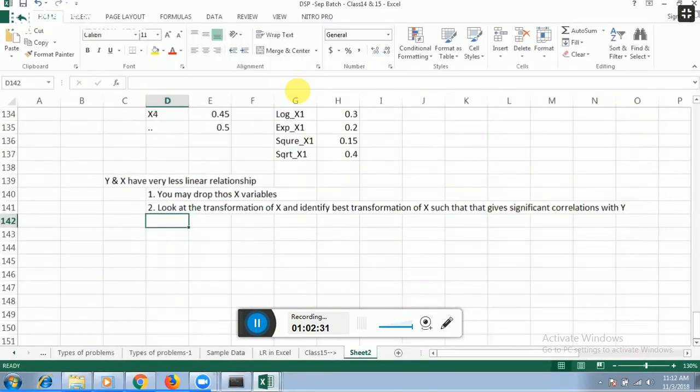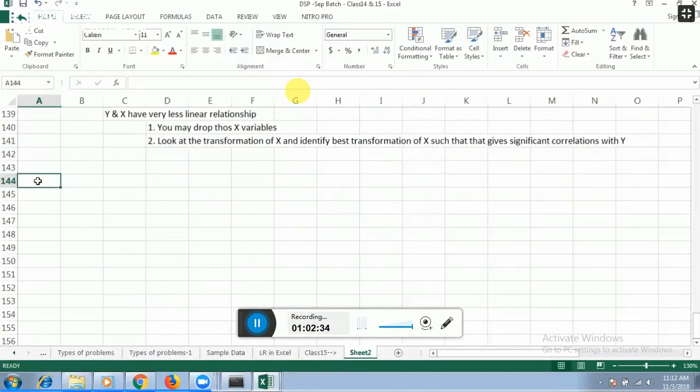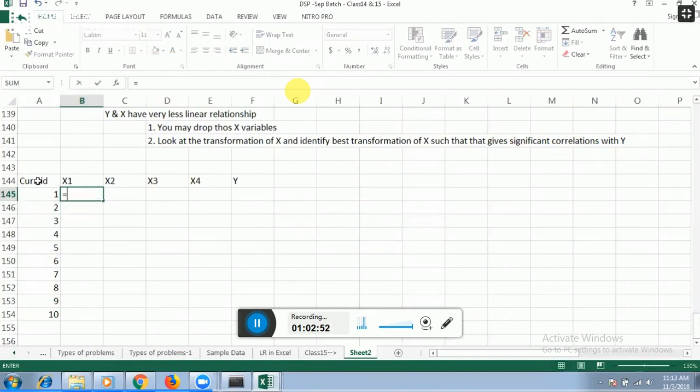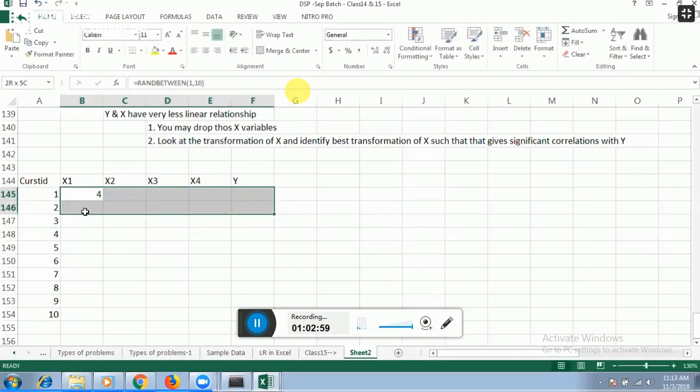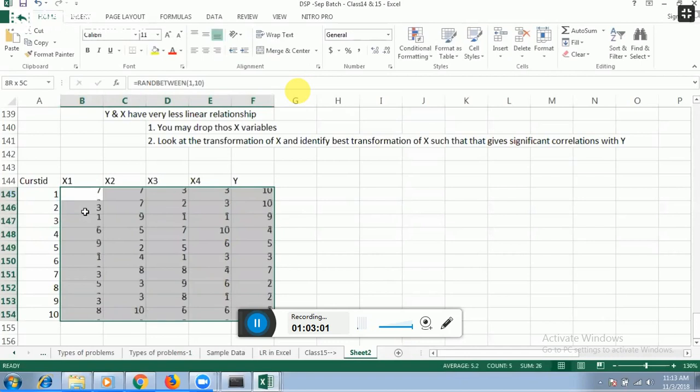Suppose you have customer data, for example, customer ID, and your X1, X2, X3, X4, and you have Y, and like you have 10 data points. Some values you got.